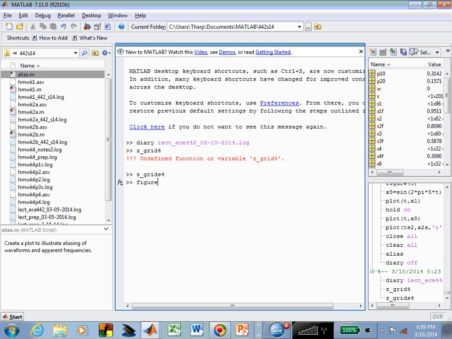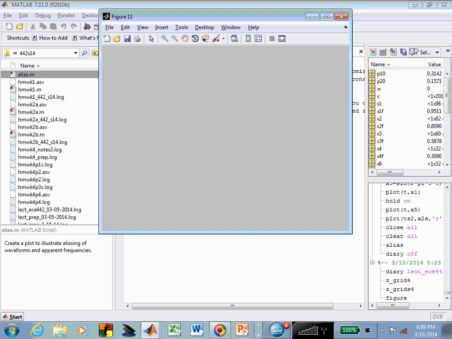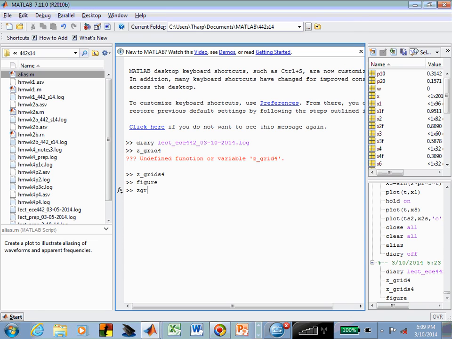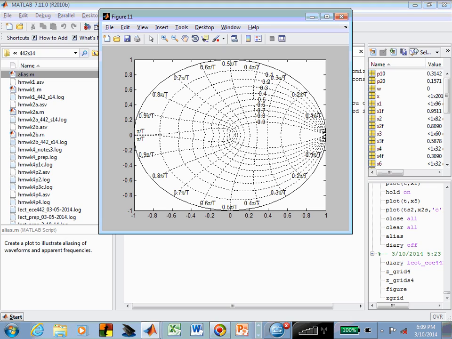You could say, let me get a new figure window, and you might say Z grid in MATLAB, and it gives you this. So just Z grid gives you this, which you're going, ooh.